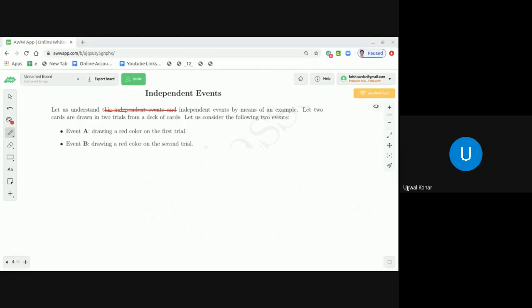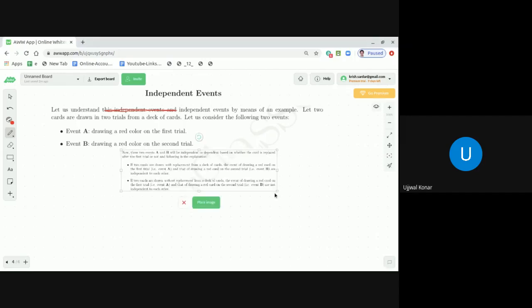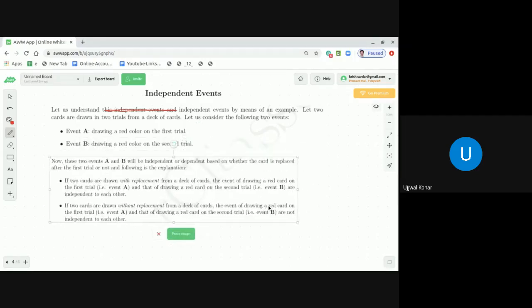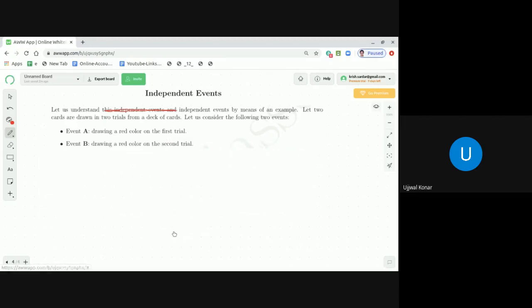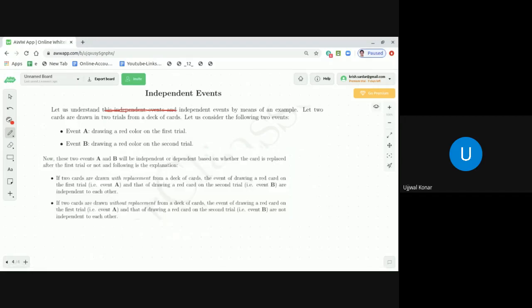So let me first write down this statement, what I just said, and then I'll come to the definition of independent event. Now these two events, A and B, will be independent or dependent based on whether the card is replaced after the first trial or not. And following is the explanation.